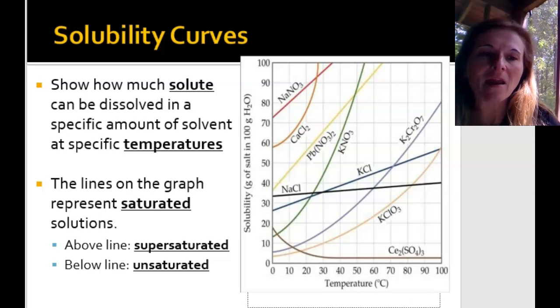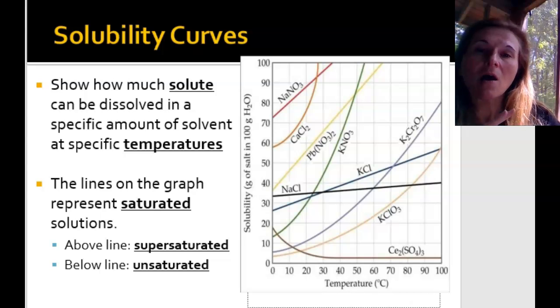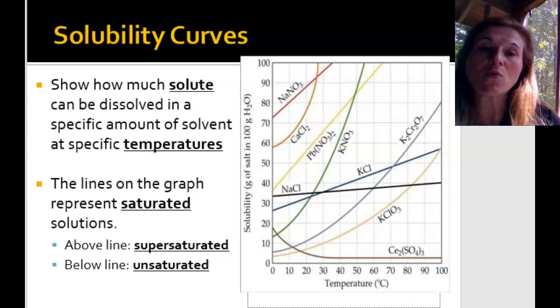So why specific temperatures? Well, think about hot tea compared to iced tea, right? We can put more sugar into hot tea than we can into iced tea because those water molecules, when they're hot, have more energy, so they are moving more and they're spaced further apart.